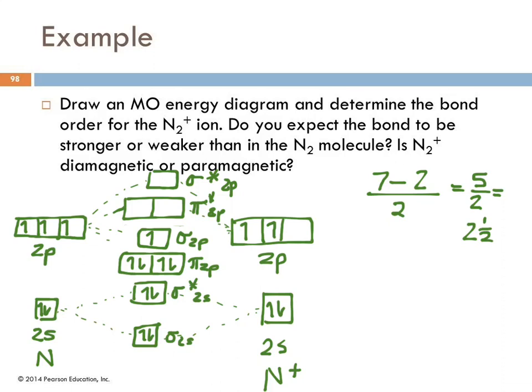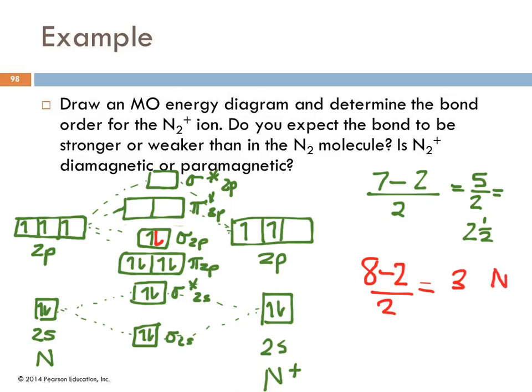Do we expect this to be a stronger bond or a weaker bond than in nitrogen, N2? Well, what's the bond order for N2? We could go back and look at the table in the book, or we could make this into N2, because the difference is an electron, right? And so for N2, it would be 8 minus 2 over 2, which is 3.